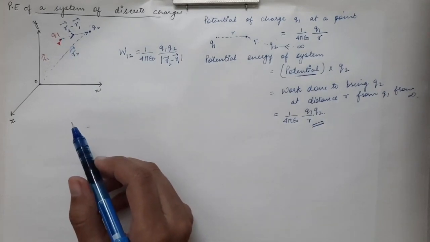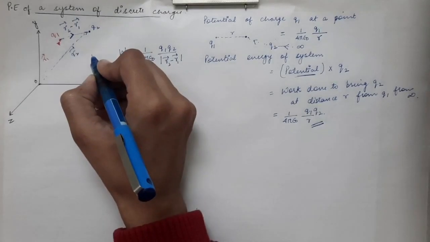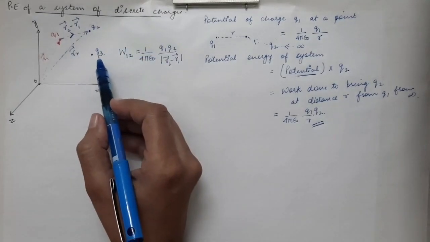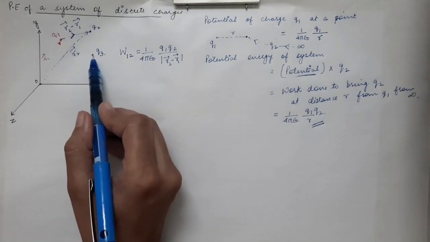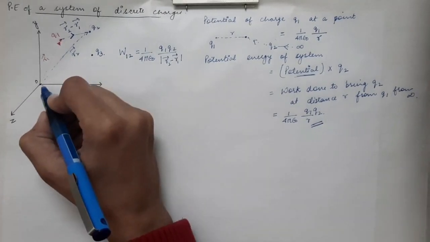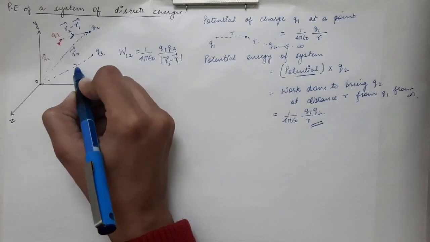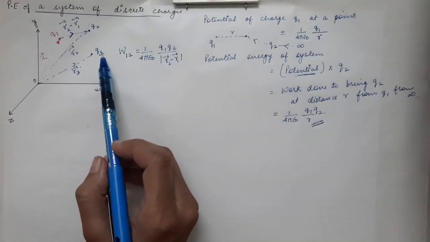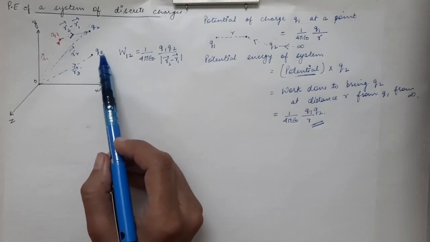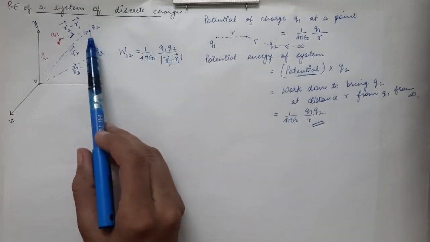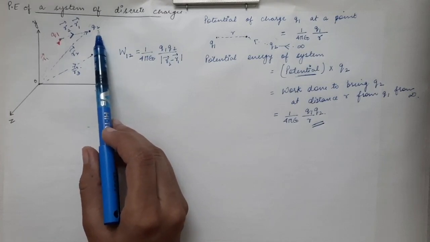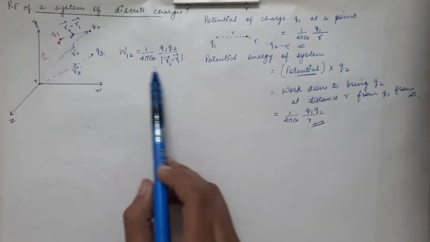Now what if we bring another charge q3? So we bring another charge q3 from infinity and we put it over here at this point, and its position vector, let's say, is r3 vector. In this kind of system, when you're putting q3, you have already placed q2, and the work that you have already done is given by this formula.